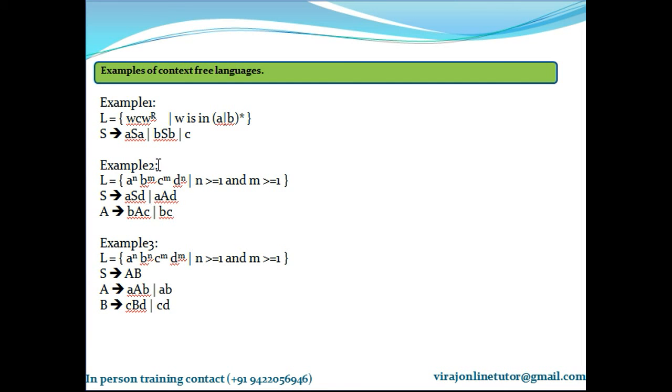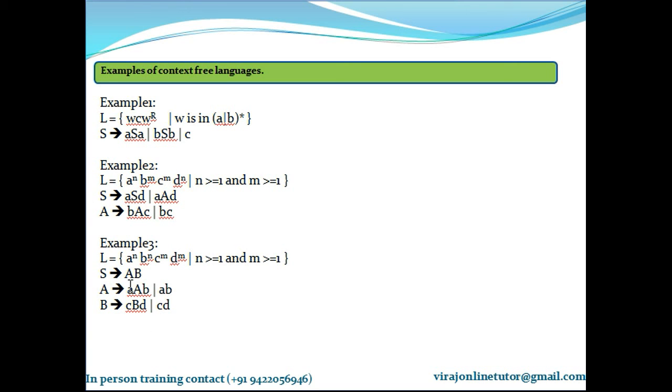If N is equal to 1, A and D will appear only once. That time you can use this. But if N is greater than 1, A and D will appear many times. That time using this recursive A and D, and I am writing S there. So keep on using this, and once the A and D repetition is over, you can use this for replacing S. And this A you can replace with this expression.